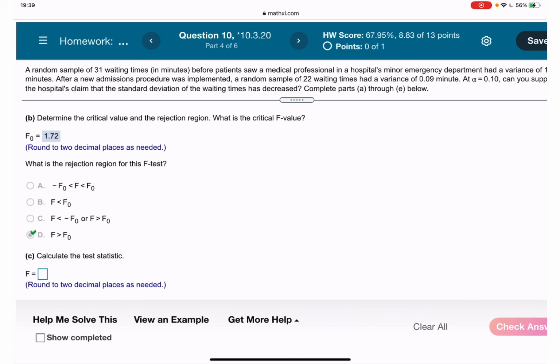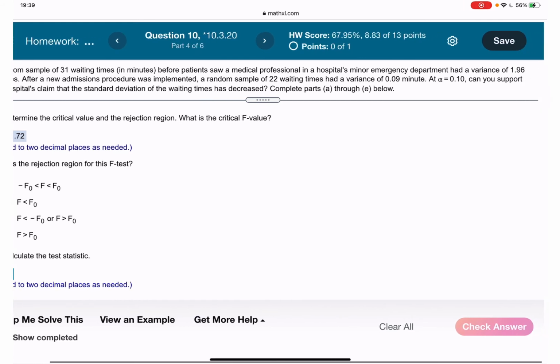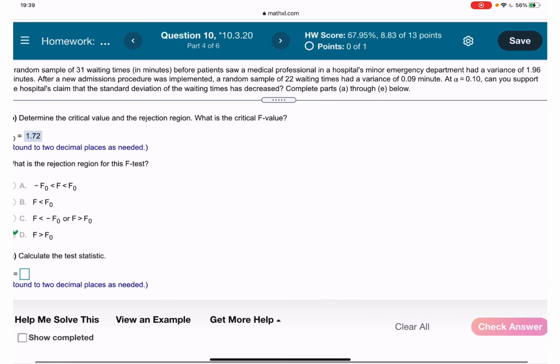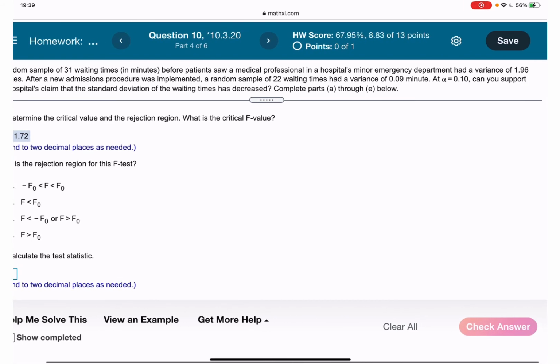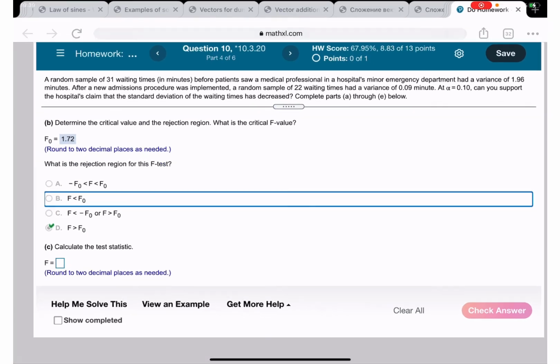We got a big number. Hold on. Oh, 0.09, 1.98. 96 actually, I'm sorry. Divided by 0.09. I'm getting 21.7.